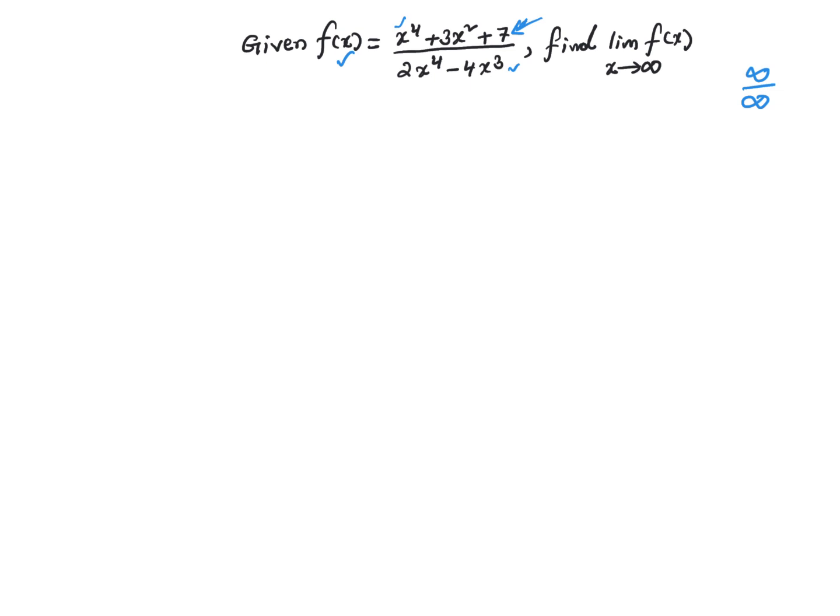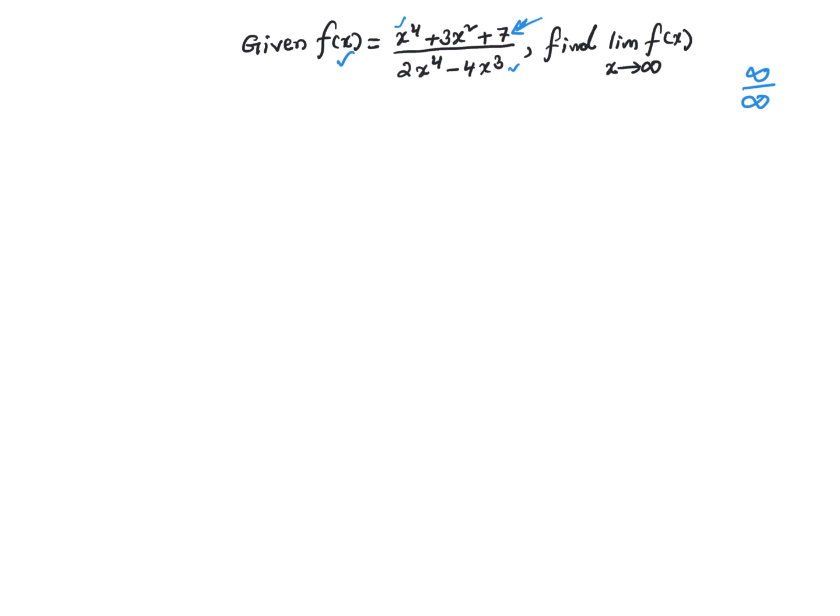It happens to be the same number. On the other hand, if the highest power of x in the numerator were 4, but the highest power of x in the denominator were 5, then we would have divided everything by x to the power 5.